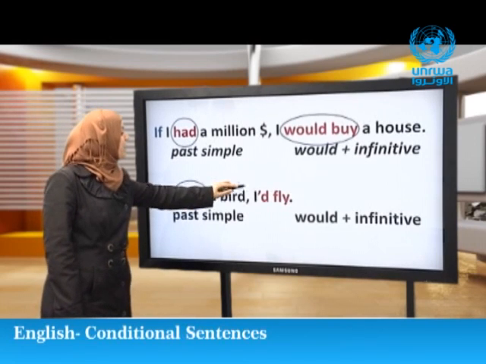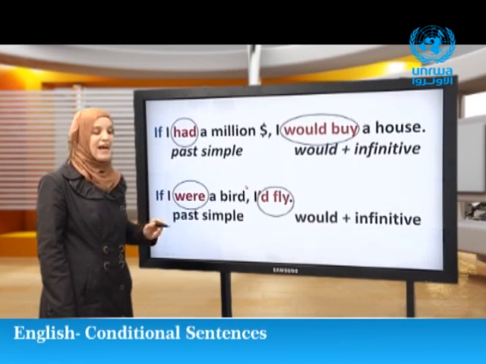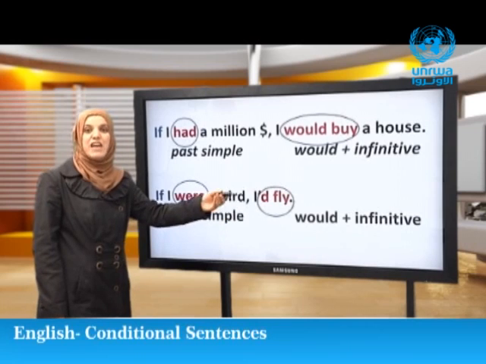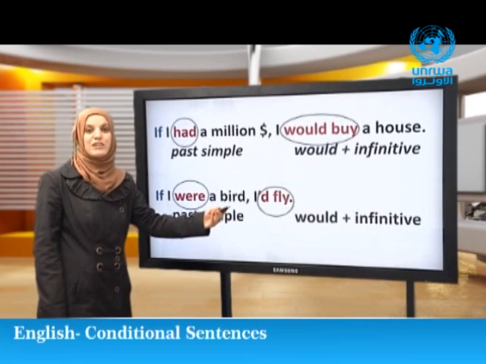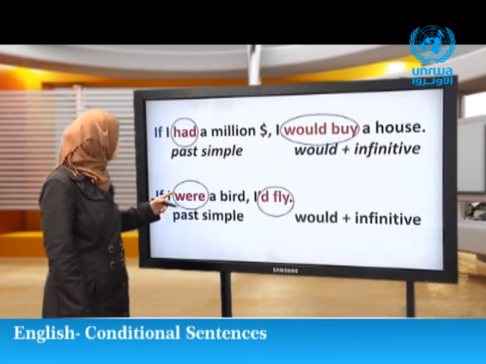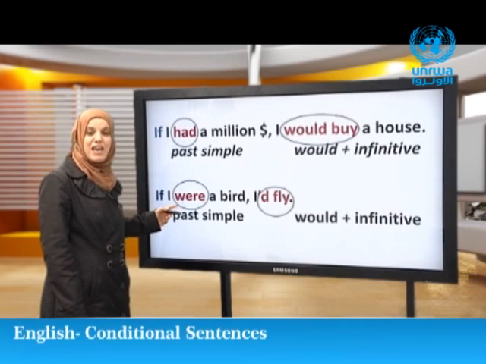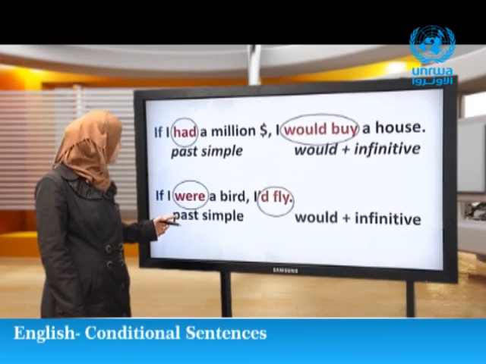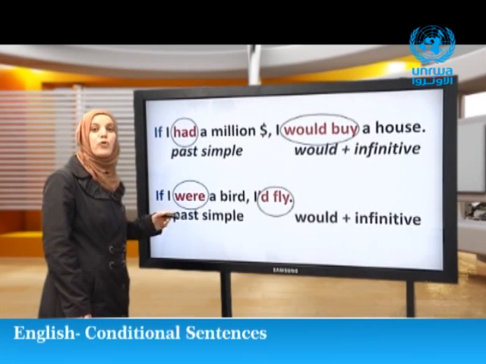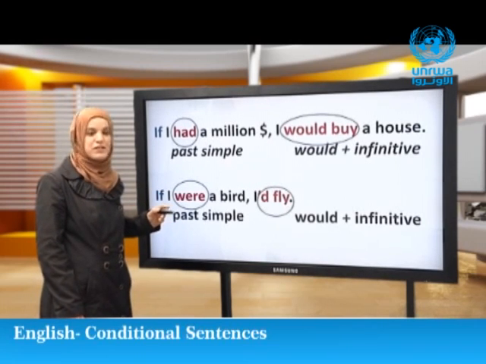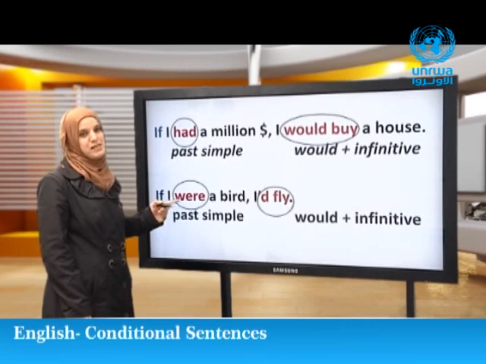What about the other verb? Would fly. This is would plus infinitive. But note the use of were. In this type of conditional sentences that talk about unreal things, we use were for all subject pronouns. We can't say if I was a bird.